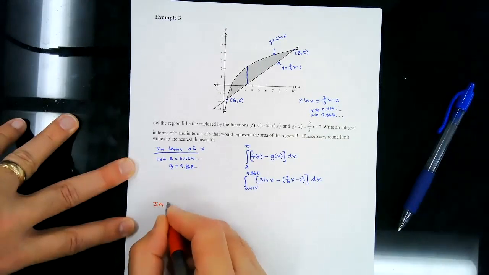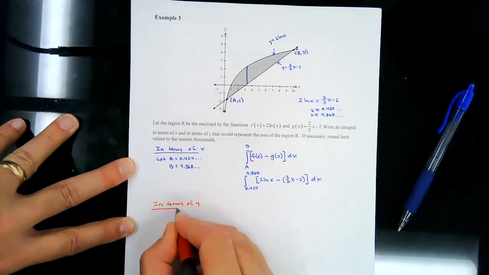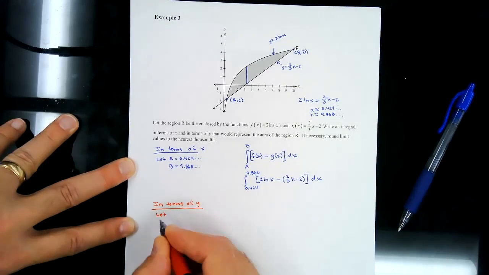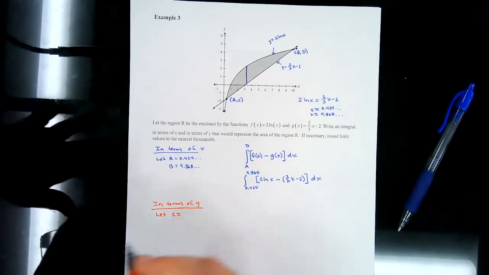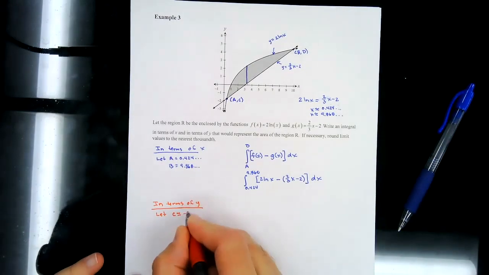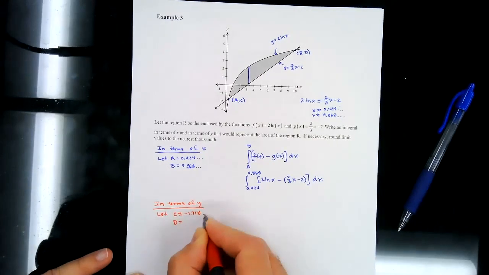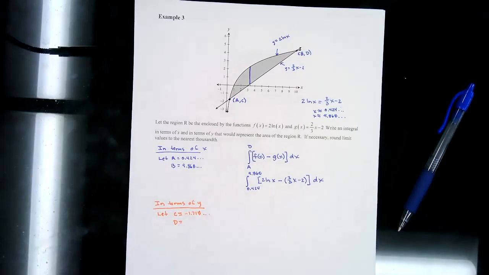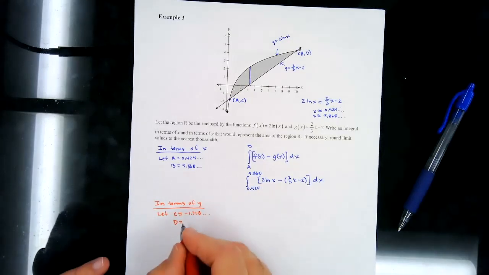In terms of y, we're going to let C equal, and I have it in my calculator, C is negative 1.718. And my D is 4.579.